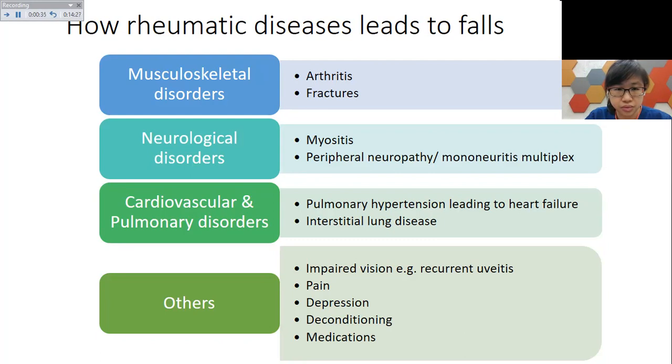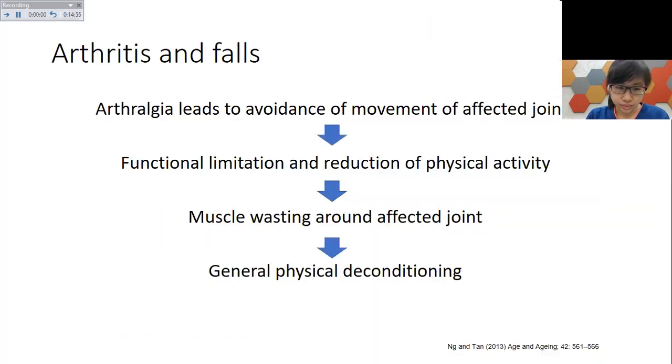Pulmonary disorders such as interstitial lung disease can cause falls as well. Other reasons such as impaired vision due to recurrent uveitis, pain from arthritis, associated depression in rheumatic diseases, deconditioning due to prolonged state of arthritis or myositis, or medications used to treat rheumatic diseases can also contribute to falls.